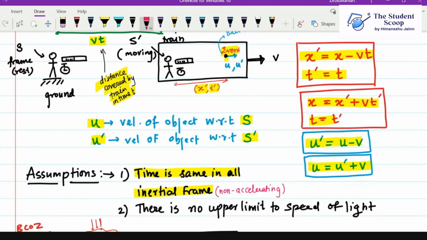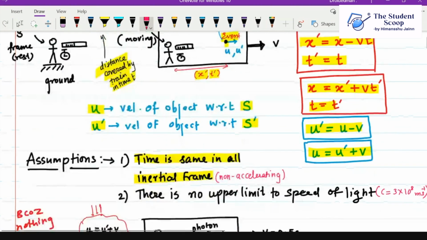But in none of those experiments was the speed of light exceeded beyond the upper limit that we call c. So c is 3 into 10 raised to 8 meters per second. There is no situation where the speed of light was exceeded. So this is something that violates some of the rules.